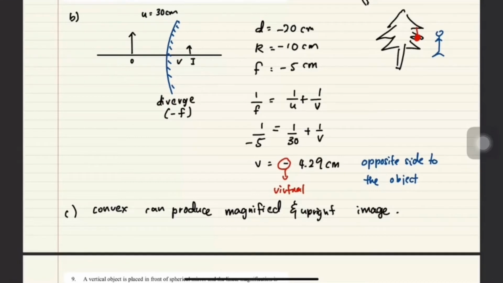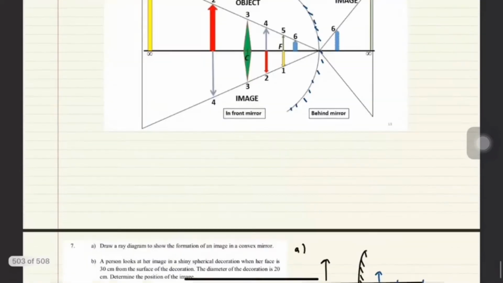So tu kalau kamu perasan, bila dia nak produce image yang magnified and upright ni, sebenarnya when U is less than F. Okay, when U is less than F, then you have magnified and upright image. Kita pergi balik kat sini.